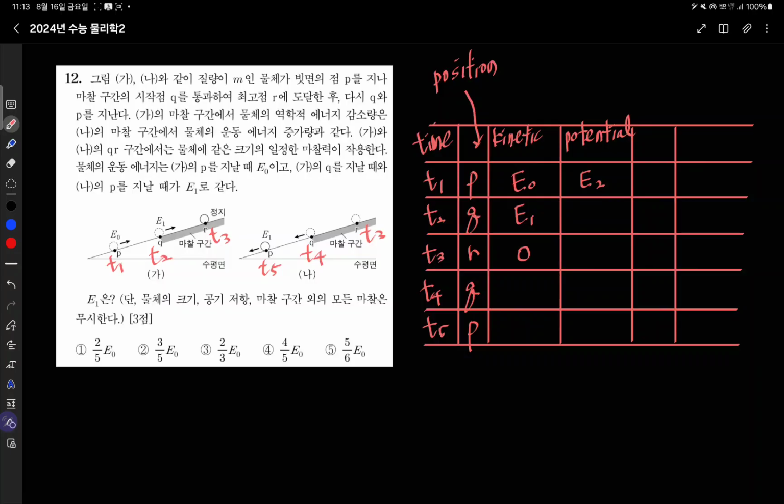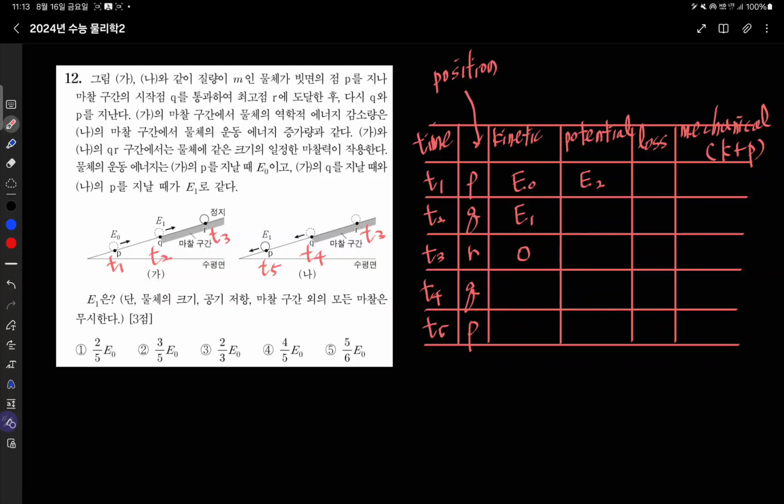And then there will be some loss of energy by friction between Q and R, and the total mechanical energy is the sum of kinetic and potential energy.